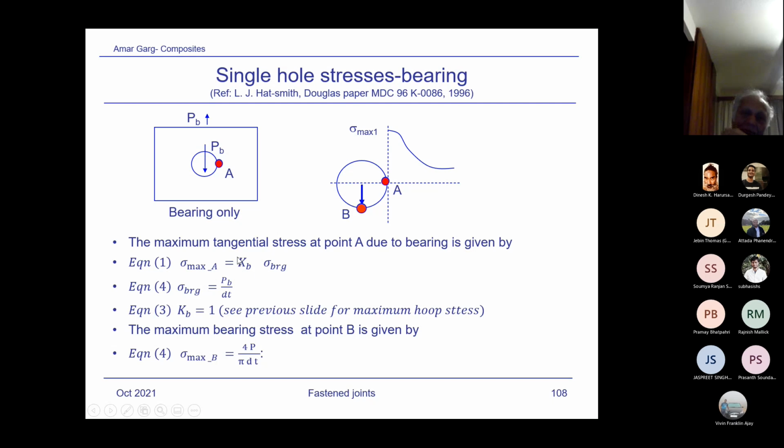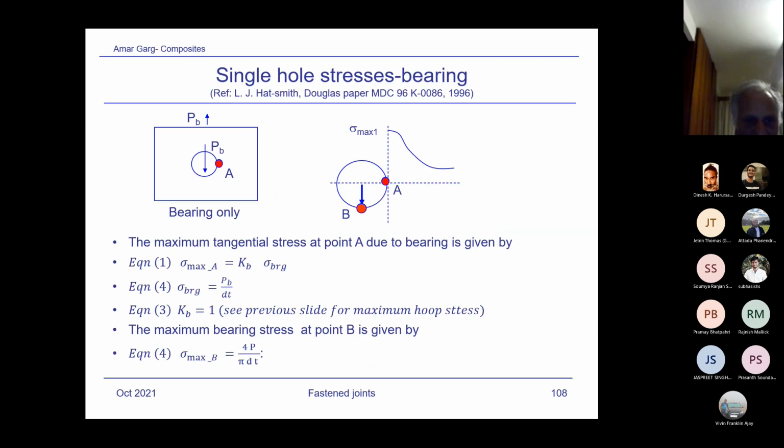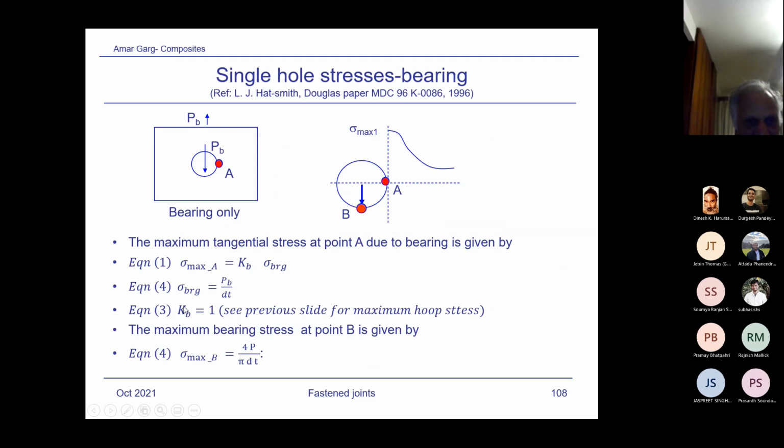If you remember from the previous slide, I showed that the maximum stress at this point is about P by dt, which is equal to FB. That is why I have said here KB equal to 1, even though I'm writing KB here. KB is 1 for elastic analysis.